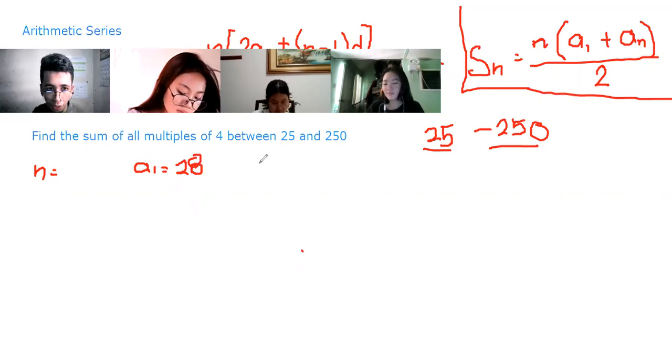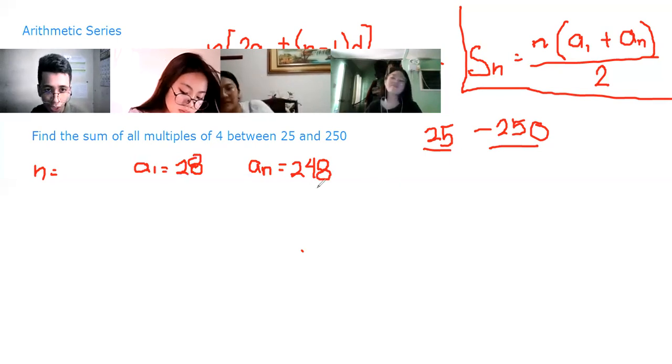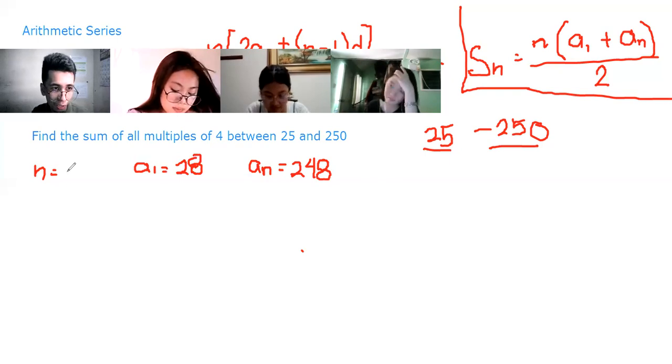Then, our a sub n or the last term is 248, di ba? Hindi naman si 250 ang ating last term. So, hanggang kay 250 lang daw. Pero si 248 naman yung ating multiples of 4. So, hindi kasama si 250. So, 28 and 248. So, kulang tayo ng n, di ba?